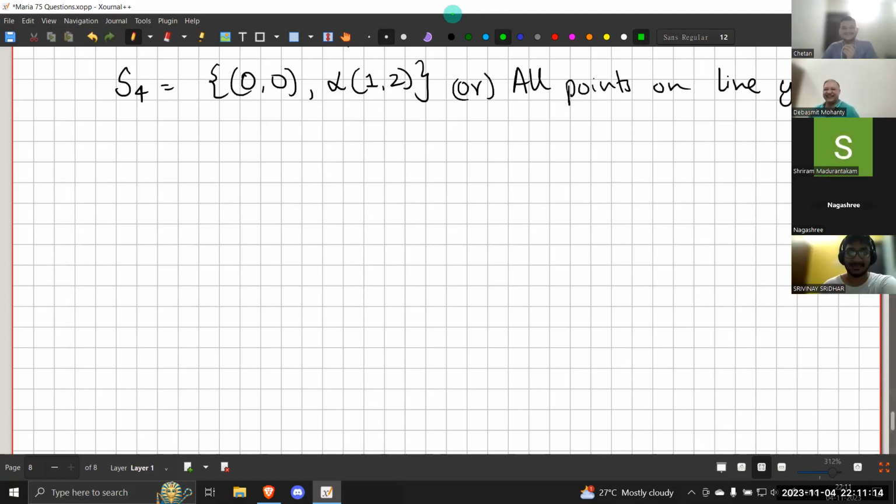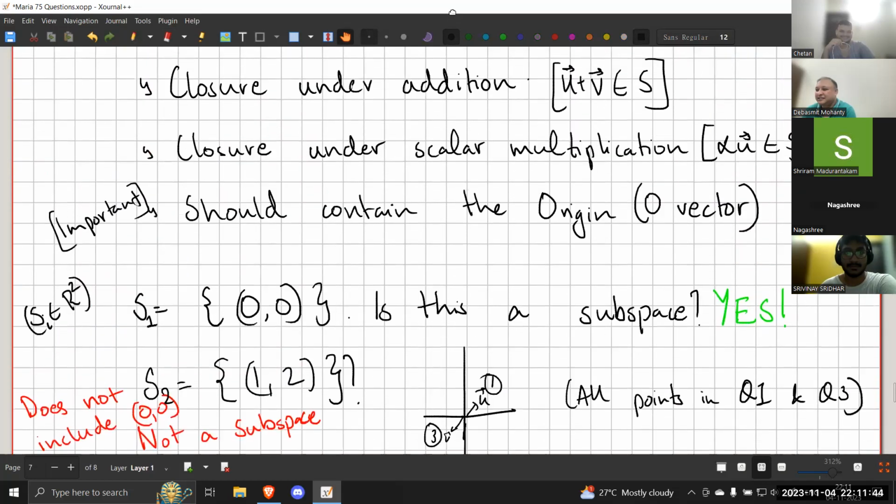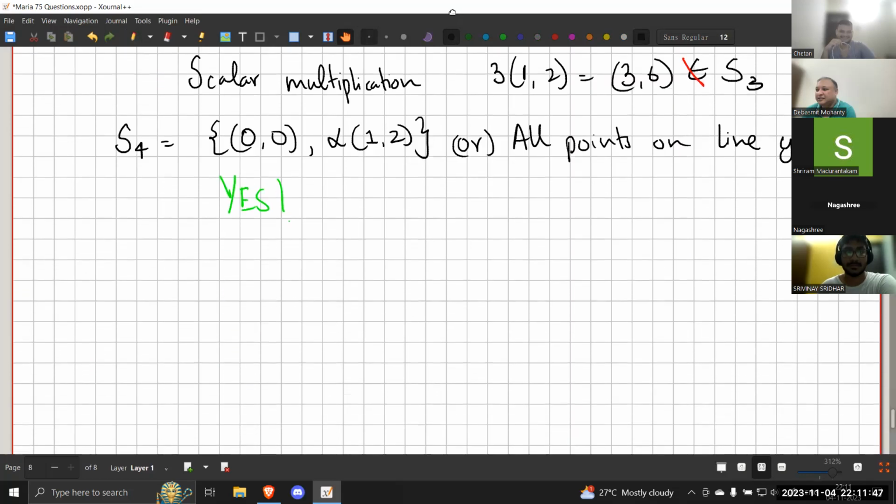So Shriram, can you tell me why I can call this a subspace? Because he wrote it down in bold. Go ahead. All linear combinations of the points here are satisfied, right? I don't know what linear combination is. But you talked about it in the first condition, right? Okay, fine. When you add two vectors in that subspace, you get another point in the same subspace.